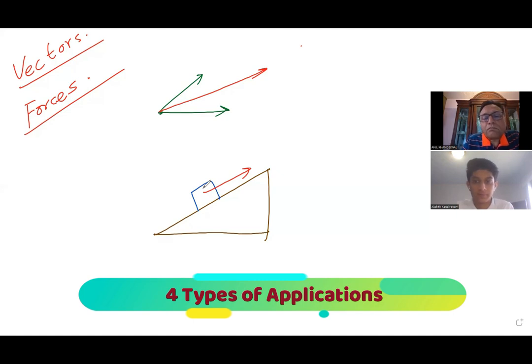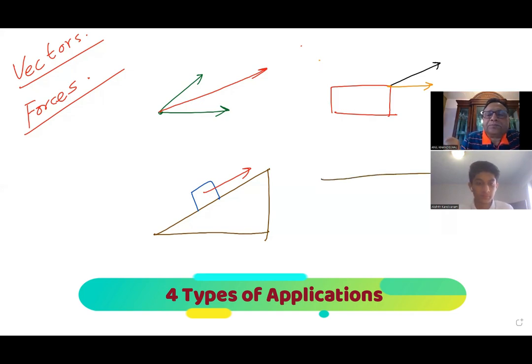We could also have a situation where we may, on a body, apply a force and see what is the component of this force which makes it move, right? So that could be the case. And the most important case is when we're talking about something which is hanging.